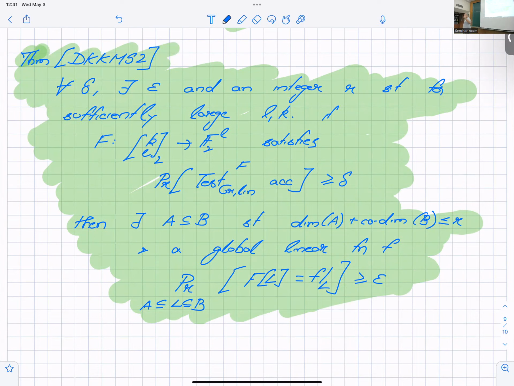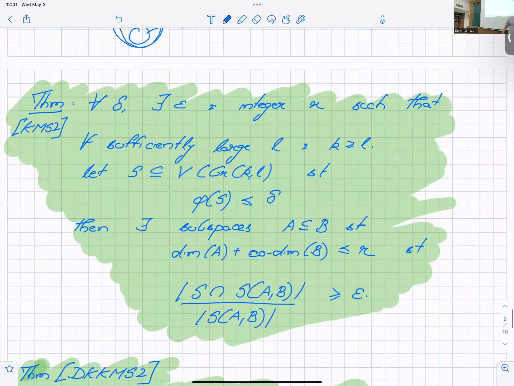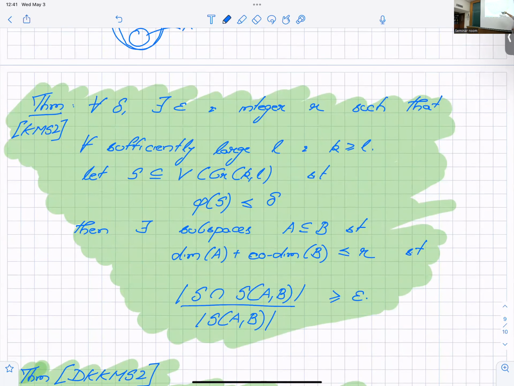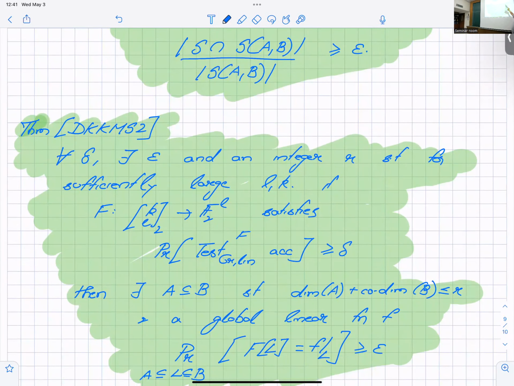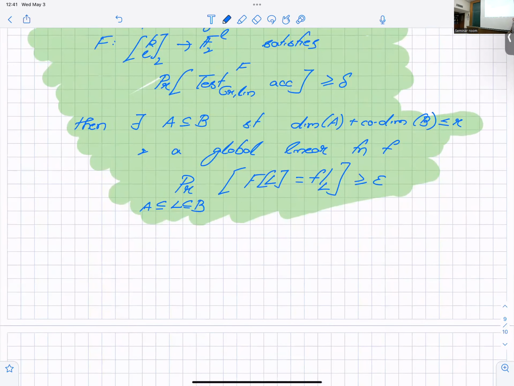DKKMS1 showed how to compose this with the outer guy to get this one. KMS1 laid the whole plan. So that was the way things went out. So we'll have to prove 3 theorems. We'll have to first prove this theorem. I'm not sure if I'll go in this order. I have to prove this theorem. From this theorem, I'll have to prove this. These both will go in the same one. And then we'll have to use this to compose and finish.